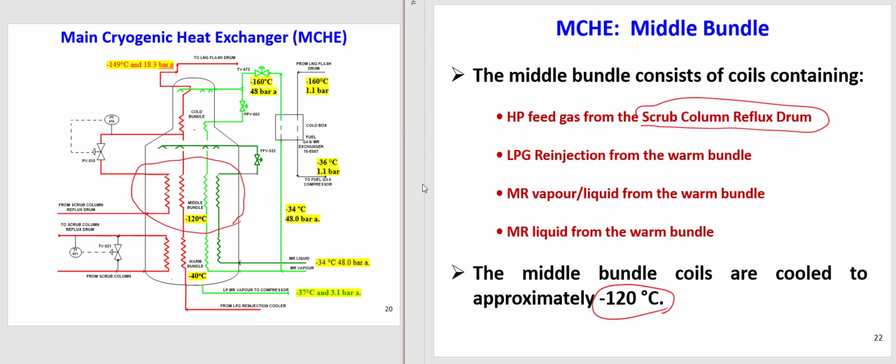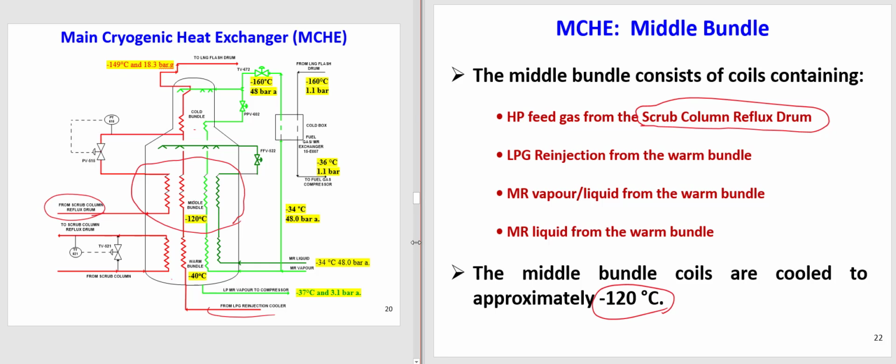You remember the vapor from the top of the reflux drum, not the scrub column, the reflux drum, was sent to the middle bundle. Then LPG reinjection from the warm bundle. LPG reinjection goes first to the warm bundle and then continues to the middle bundle.